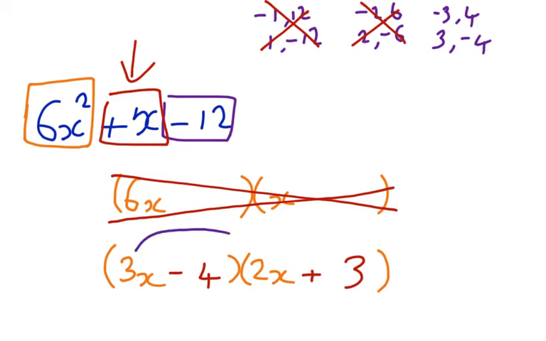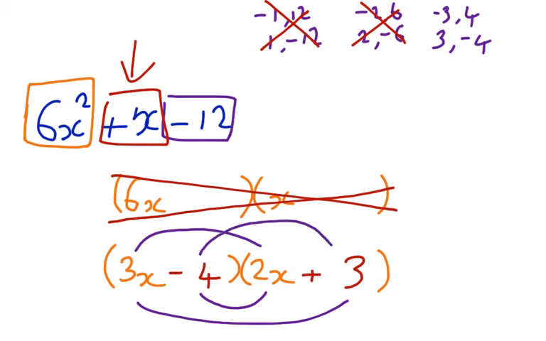Now we check. 3x times 2x is 6x squared. 3x times 3 is 9x. Minus 4 times 2x, that's 8x, so 9x minus 8x is just an x. And minus 4 times plus 3 is indeed equal to minus 12.